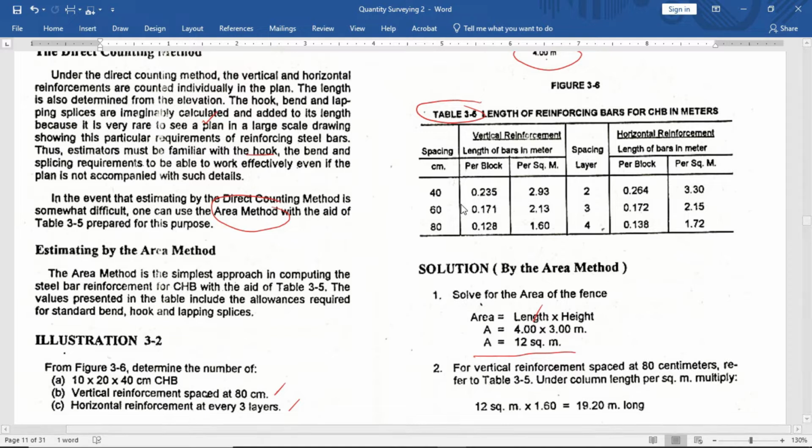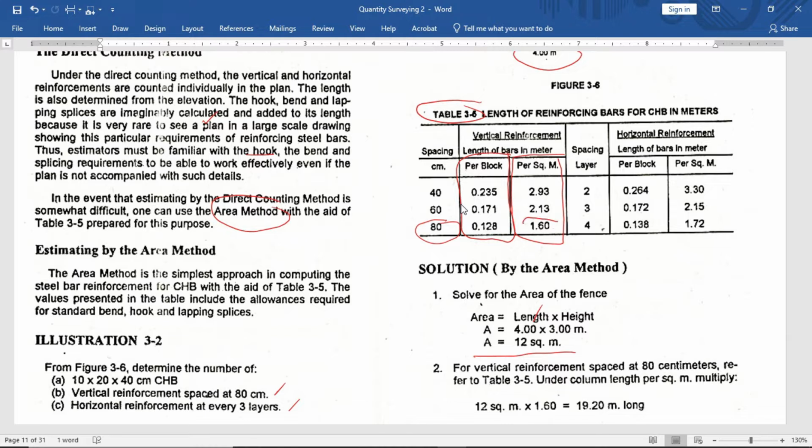For vertical reinforcement spaced at 80 centimeters, refer to Table 3-5. Ito na yung table na gagamitin natin for area method. So, 12 square meters daw. Itong column na to per block, ito naman per square meter. So, per square meter yung gagawin natin. For 12 square meters, anong multiplier ng 80 centimeters na spacing?